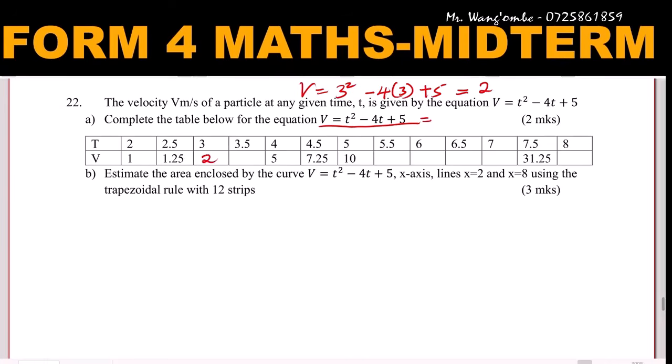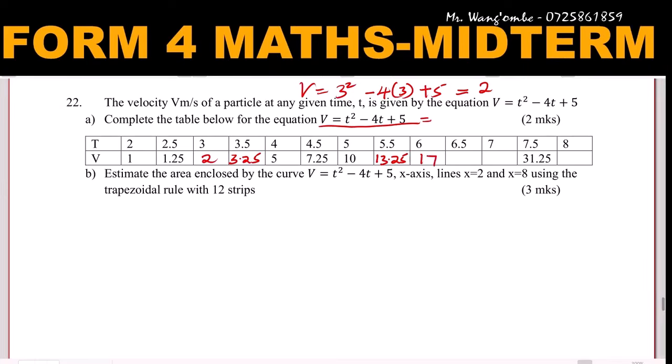I'll fill all the others since it's the same procedure, just using a calculator, being very careful when you're using that. The next one is when t is equal to 3.5, v will be 3.25. When t is equal to 5.5, v will be 13.25. When t is equal to 6, v is equal to 17.